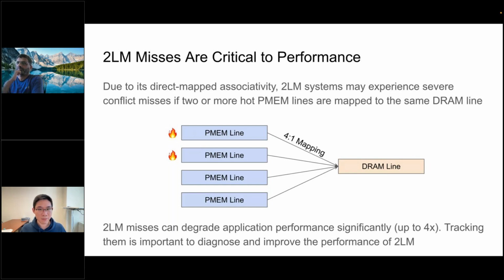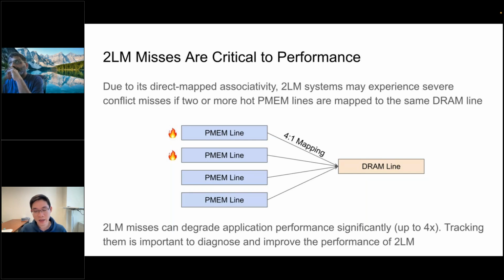And because it's direct map, such a 2LM system may have severe conflict misses if two or more hot PMEM lines are mapped to the same DRAM line. So for example, if we assume a 4-to-1 mapping where four PMEM lines are mapped to the same DRAM line, and if two of them are popular, then they might have a lot of conflict and evict each other from DRAM, which can cause a lot of what we call 2LM misses.